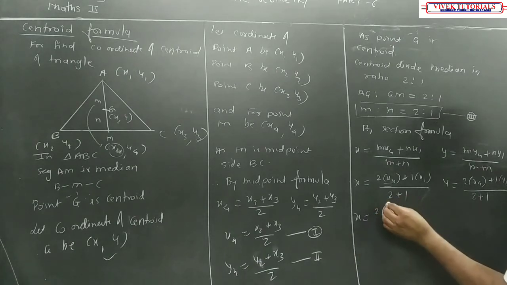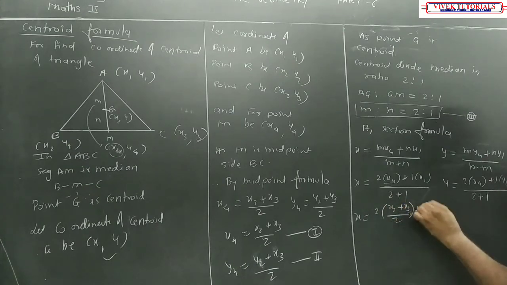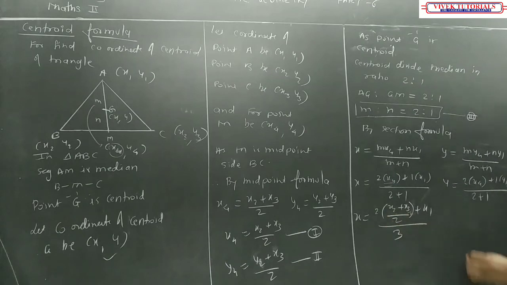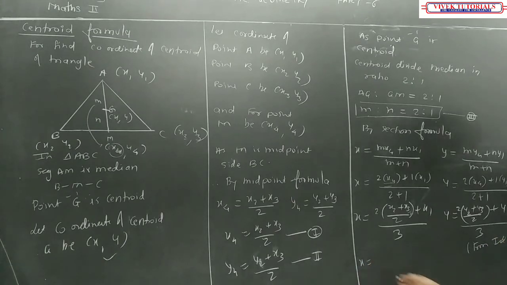So 2 in bracket x2 plus x3 upon 2 plus x1 upon 3, and here it will be y is equal to 2 in bracket y2 plus y3 upon 2, ये 2 है, plus y1 upon 3. अब क्या होगा? x is equal to, ये 2 कैंसिल हो गया, ये भी 2 कैंसिल हो गया.